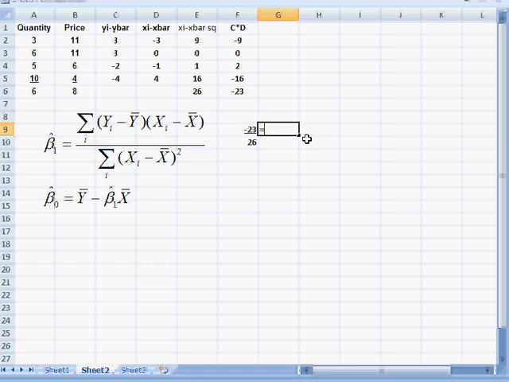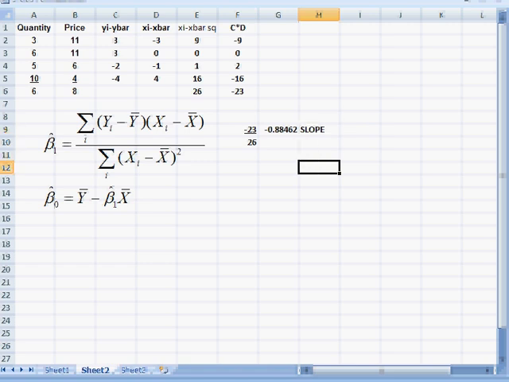Let's see what that gives us. Equals minus 23 divided by positive 26. You'll notice as you go through these lectures, minus signs are what kills me as a mathematician. This is always true. So minus 0.88462, that is the slope of the line that minimizes the sum of the squared residuals. So I'll just call that the slope.